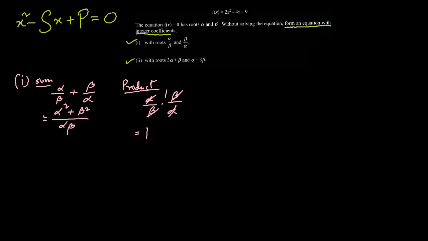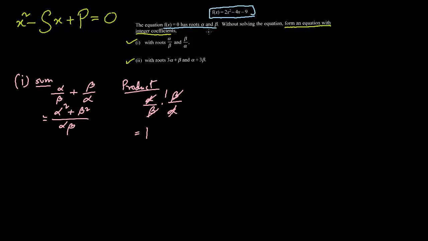Remember, they will give you some algebraic information and this is the information. For the equation f(x) equals 0, one of the roots is alpha and the other one is beta.